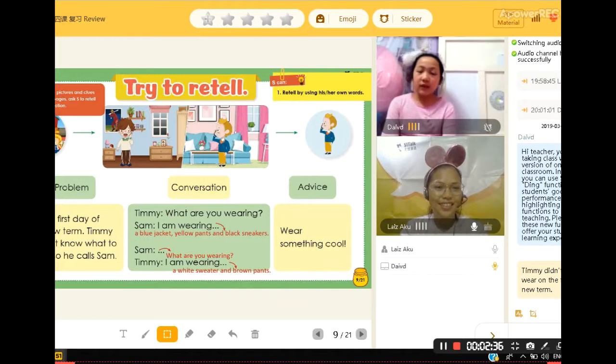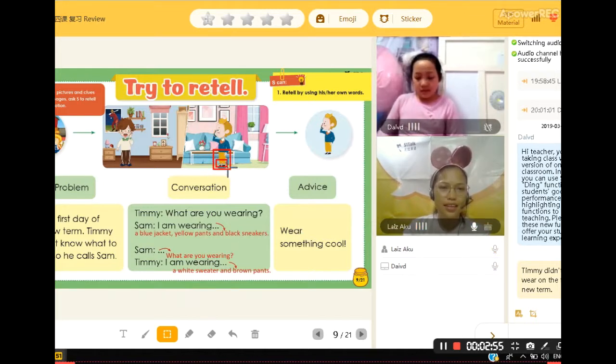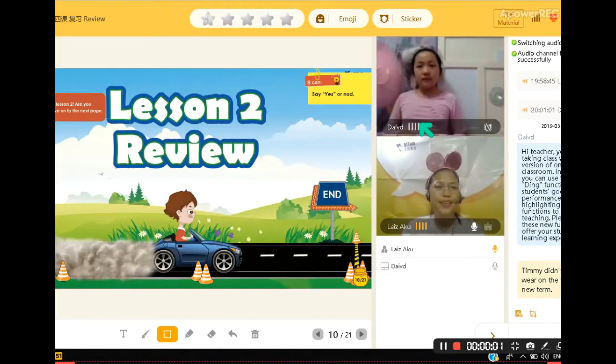I'm wearing a blue jacket and a piece of yellow trousers. Also black sneakers.